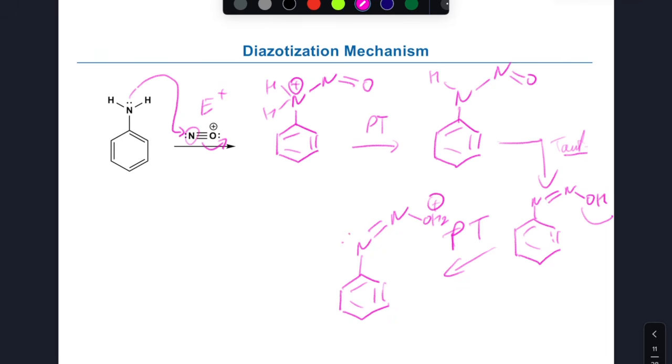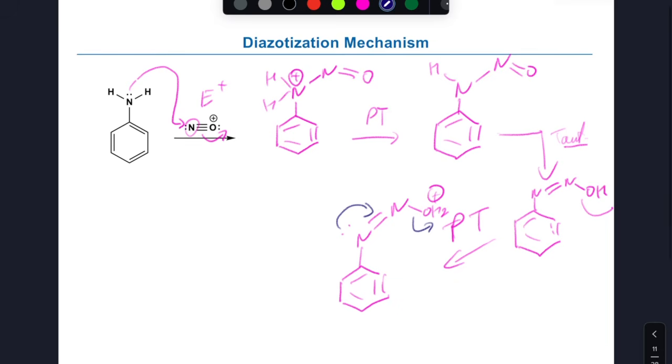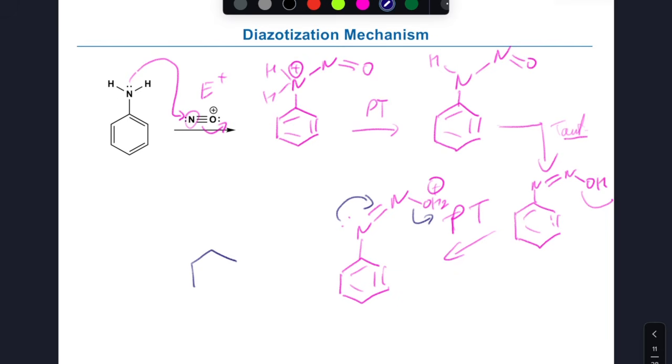We can actually use that lone pair to help drive both the formation of this triple bond and lose water. So what that gets us to is our final compound. It's nitrogen triple bonded to nitrogen, and we have a positive charge resident on this internal species here. And again, it's driven by the formation of water to give us our final compound.